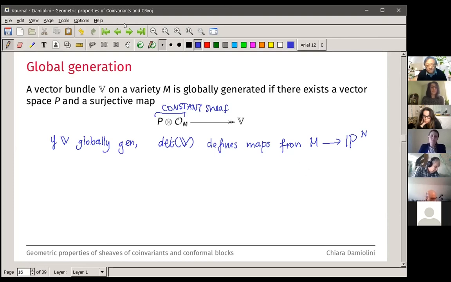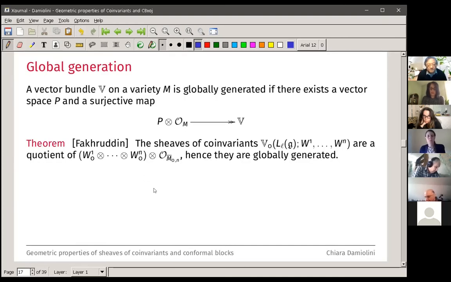As I mentioned before, Fakhruddin, in work also based on some work of Ueno, shows that these sheaves of coinvariants are globally generated because they are quotients of the 0th degree part. So we can take as P just this tensor product, just the 0th part, make it a vector bundle, which is trivial. This naturally maps to the coinvariants, and this map is surjective.